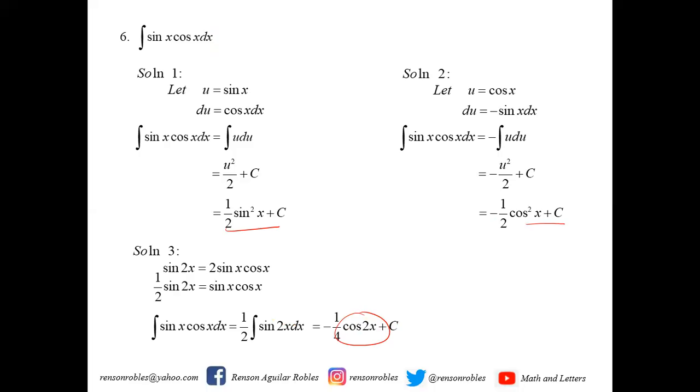Okay, and then we shall now have another example, the integral of sine 3x cosine 4x dx. Looking at our example here, we cannot let u be equal to sine 3x since the derivative of this is not equal to cosine 4x dx. Similarly, when cosine 4x is equal to our u, then the derivative of this is not equal to this.